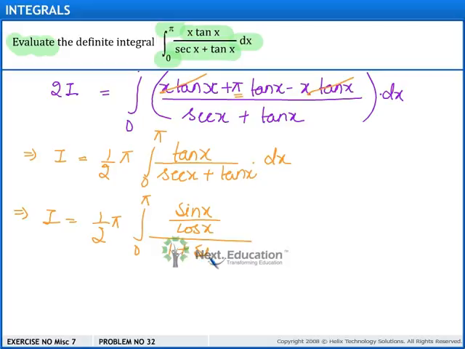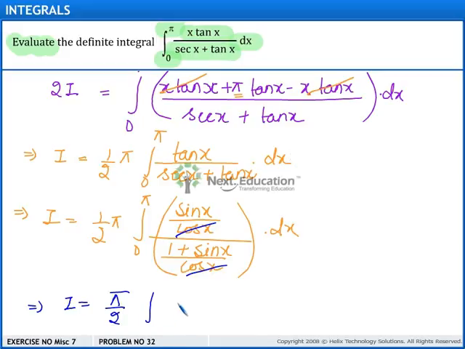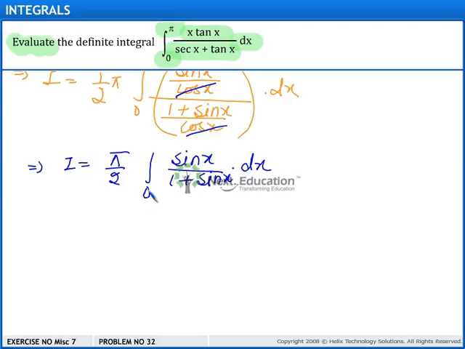So taking cos x common, we have 1 plus sin x divided by cos x into dx. So this further implies that I is equal to pi upon 2 times the integral of sin x divided by 1 plus sin x into dx from 0 to pi.